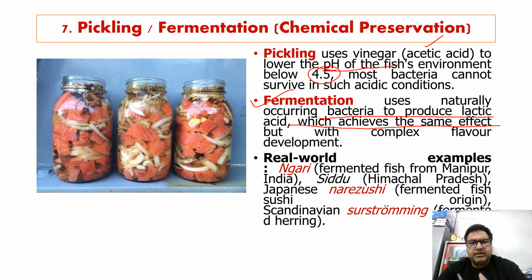And for example, in the real world, we have examples such as nagari. It is a fermented fish from Manipur. We have siddu nagari from Manipur, siddu from Himachal Pradesh, and narezushi. Narezushi is a fermented fish of sushi origin, found in Japan.